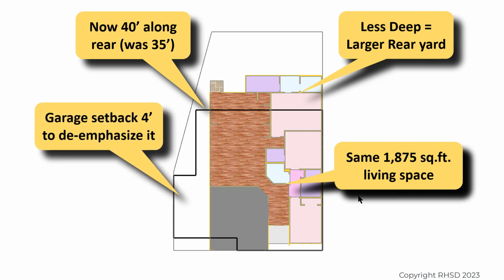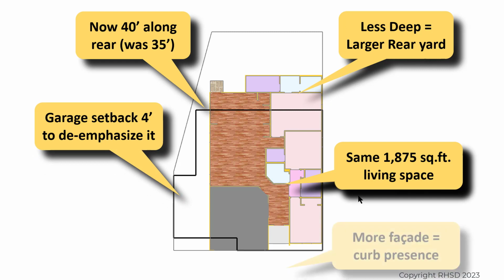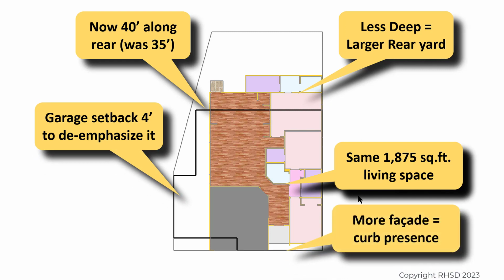We decided to set the garage back 4 feet to de-emphasize the garage floor impact, and typically when we design a new neighborhood, we also ask for a front porch to extend into the front setback line. But either way, we're going to have less garage facade and more curb presence on the inside arc lots because we can widen the home at the front.